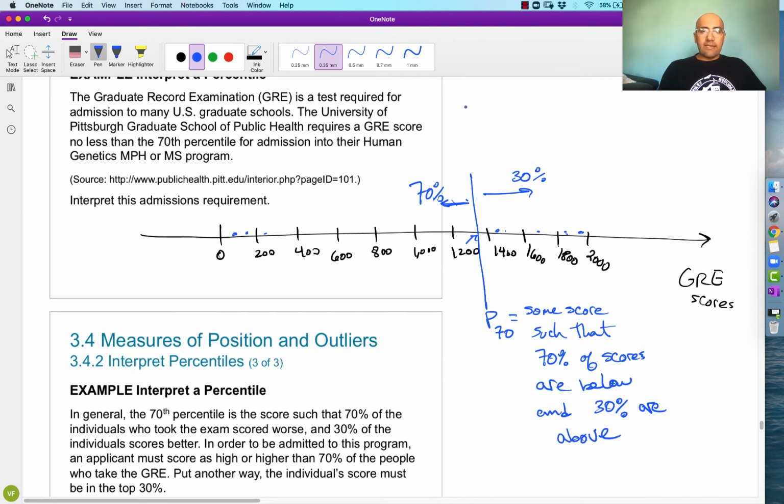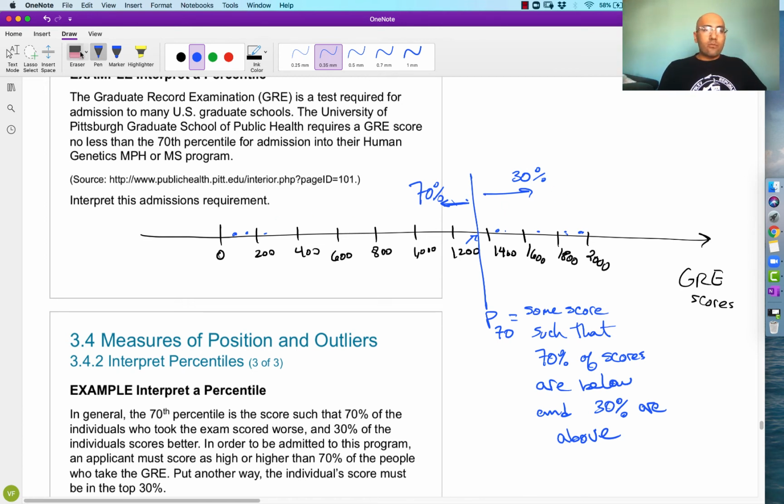Right? It's like a knife, and you're slicing this cake so that 70% of it is that way and 30% of it is that way. And I should have said that, not the cake, but the scores. 70% of all the other scores are this way and 30% of them are that way.